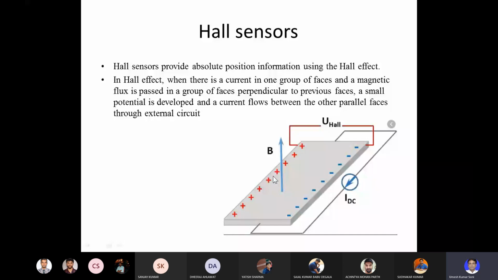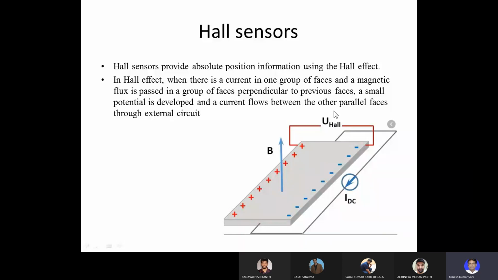Suppose in the figure, you can see that we have provided the current in one set of faces, and the magnetic flux has passed perpendicular to this plane. Okay, so a potential will be developed in other orthogonal planes, which later will provide the information about the flux linkage. If the flux linkage is there, the potential will be developed. If there is no flux linkage, then the potential will not be developed.